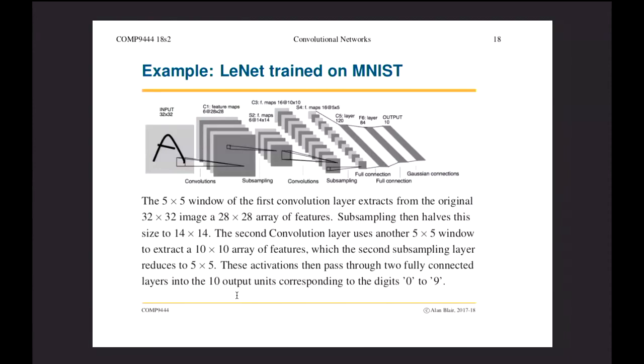Because each node here is corresponding to a larger part of the original image, we need more filters because there's more information that needs to be stored somehow. You know, if 6 filters was enough to capture the information in a small part of the image, it may be that you need 10 filters to capture the information in a larger part of the image. That's just sort of the idea, yeah?